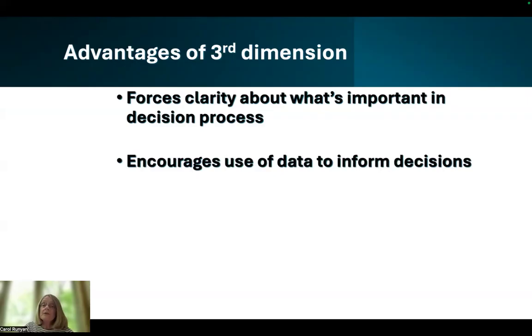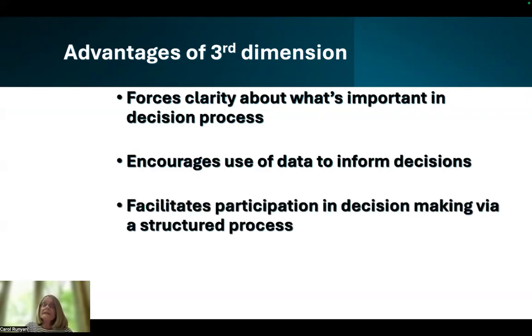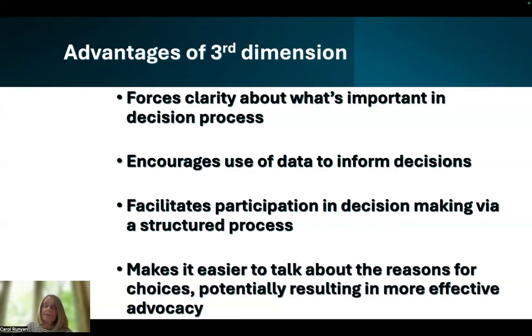It encourages the use of data to inform decisions, and it facilitates participation in decision-making by a structured process, so that the necessary people and a group of people can participate, but they have some structure around it, and it's a more organized process. And then as a result, it makes it easier to talk about the reasons for the choices that you made, potentially resulting in more effective advocacy.